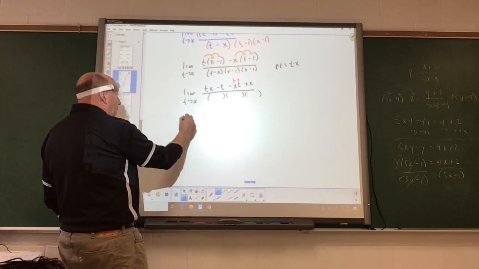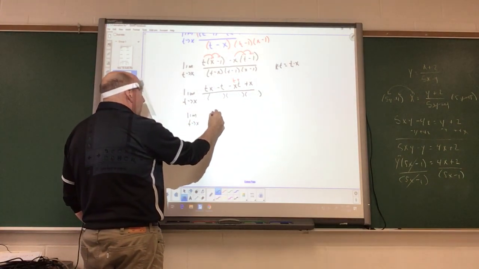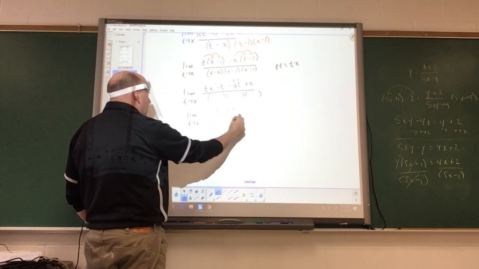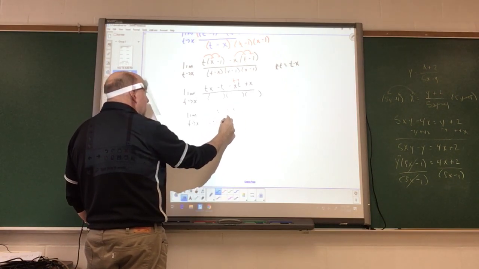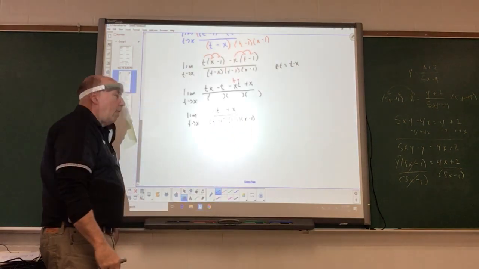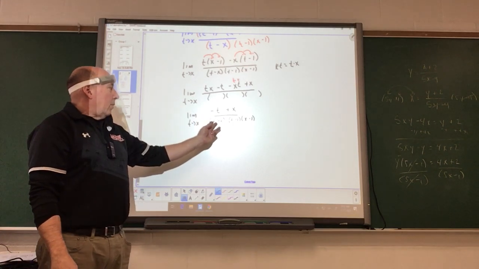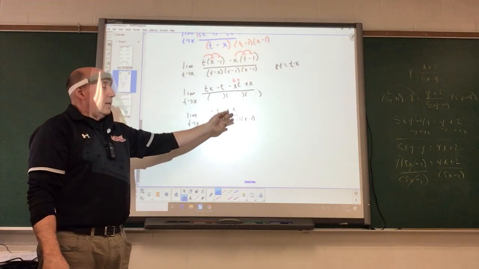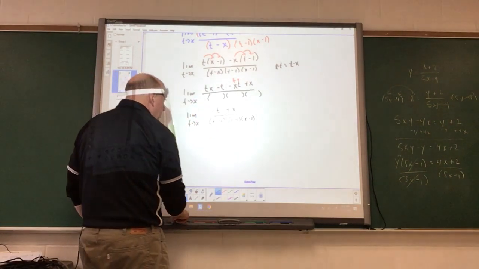So we're left with a limit as t is approaching x of negative t plus x, over t minus x, t minus 1, x minus 1. I want to get t minus x, not an x minus t, so I can factor out a negative 1 to flip them around.